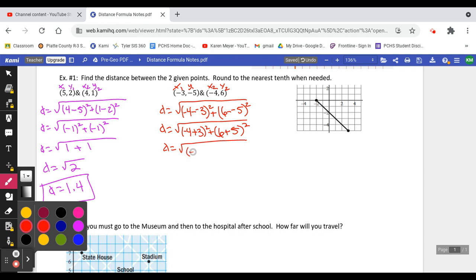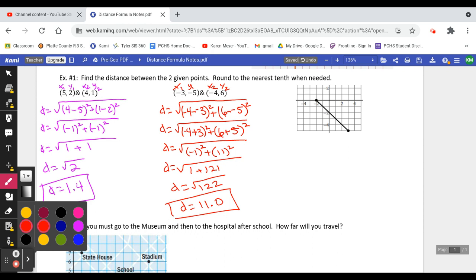Negative 4 plus 3 is negative 1 squared. 6 plus 5 is 11 squared. Negative 1 squared is 1. 11 squared is 121. 1 plus 121 is 122. So now take the square root of 122. And if I take the square root of 122, it rounds to the tenths to be 11.0.